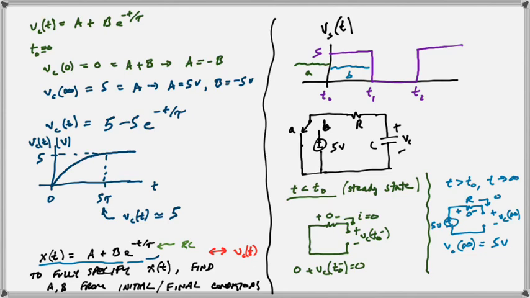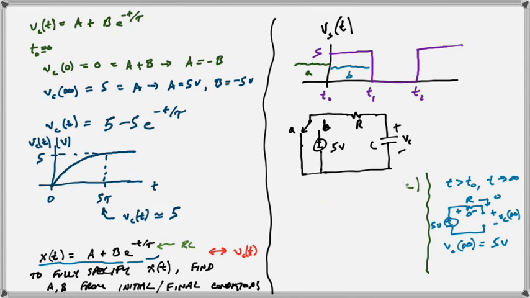Now, the next thing for us to do is to consider what happens when we switch the circuit back. So I'm going to erase some of this, and we're going to define a new time, t1, to be like our 0. We can do that, that's okay.